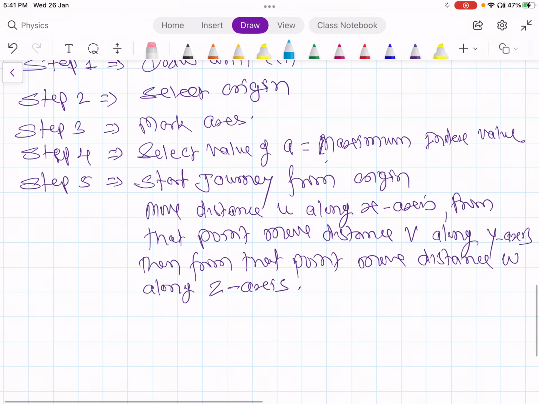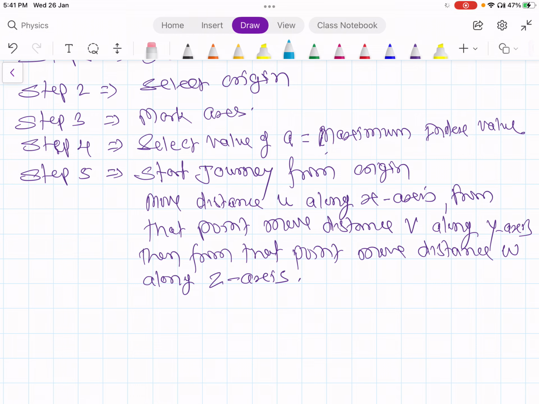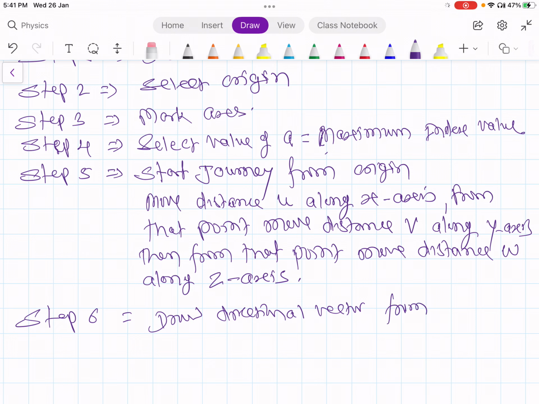As I mentioned all the steps, let me write step 6: draw the directional vector from origin and through the point so obtained.